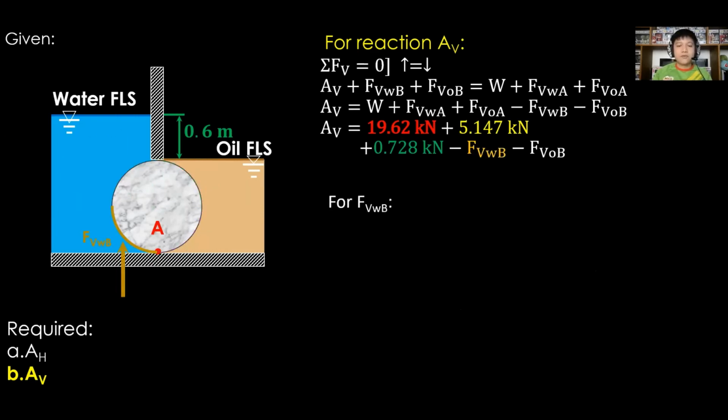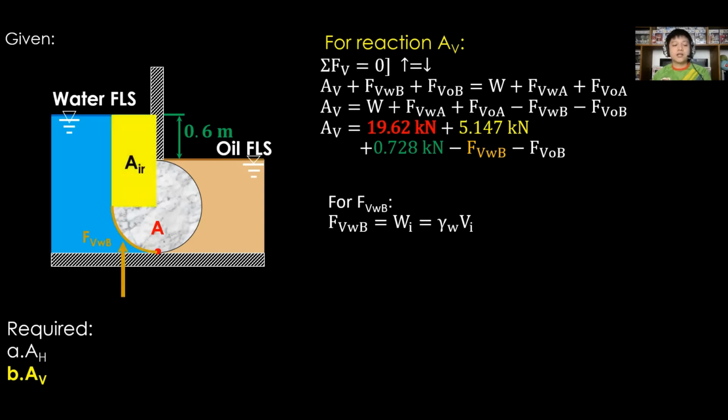Next is for F sub VWB, which indicates that it is below the surface. So it is equal to gamma of water times the imaginary volume. But for the imaginary volume, we need to estimate the imaginary fluid above the surface until the free liquid surface of the fluid considered.